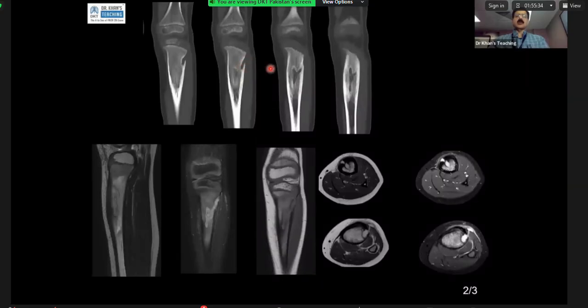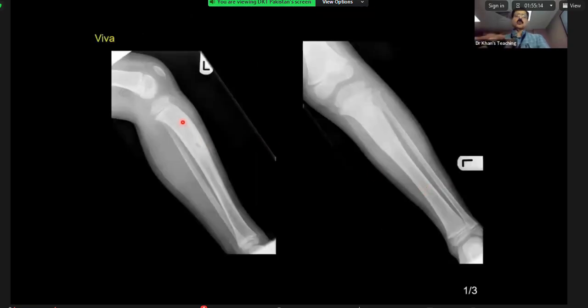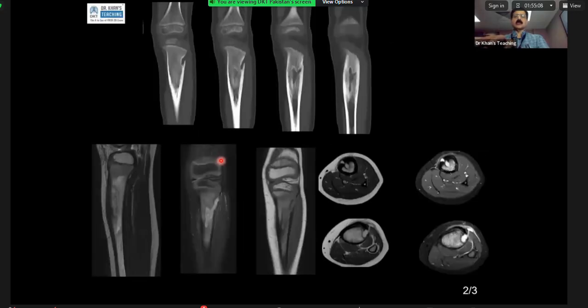It is breaching the cortex, going into the medullary cavity, and of course the same finding on MR. And then you can see this cortical breach, and you did very well, where there is a sinus tract and perifocal abscess. So well done. Another case of osteomyelitis. But my main idea was to show you cortical tunneling, which is not visible to you because of the projection or the quality of the X-ray.